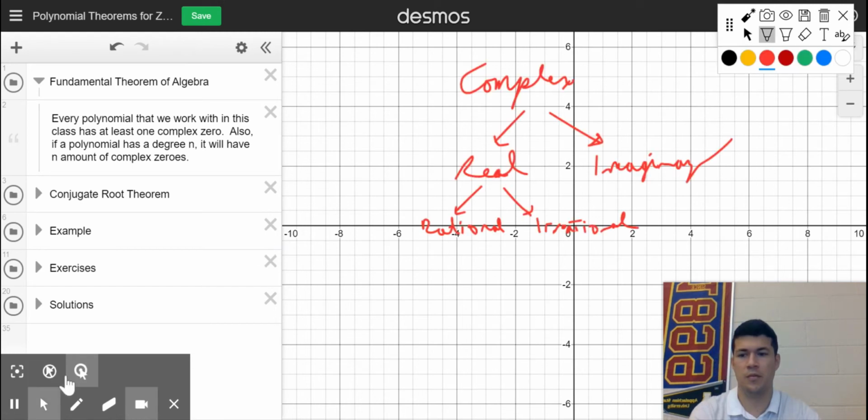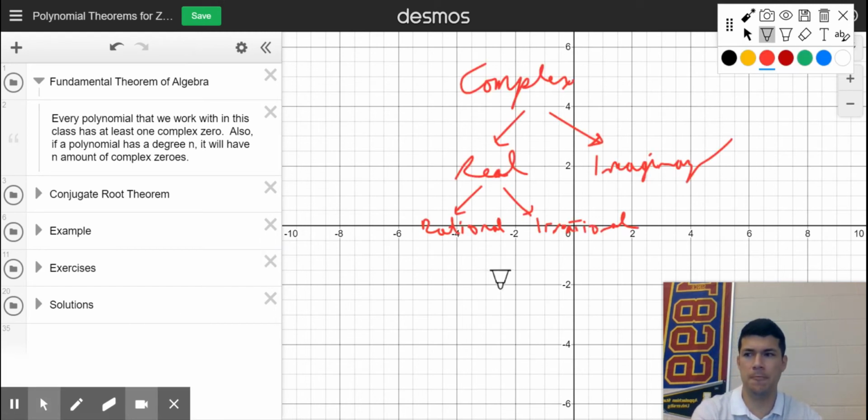Now, a little bit about complex zeros. A complex zero is one of two types of zeros. You can have a real zero, which means you're going to see it cross the x-axis. And that real zero in itself could be rational, a nice type of number. I say nice, that's subjective. But we're thinking integers, whole numbers, maybe fractions, or you can have an irrational number, a non-terminating decimal, just a really ugly looking zero.